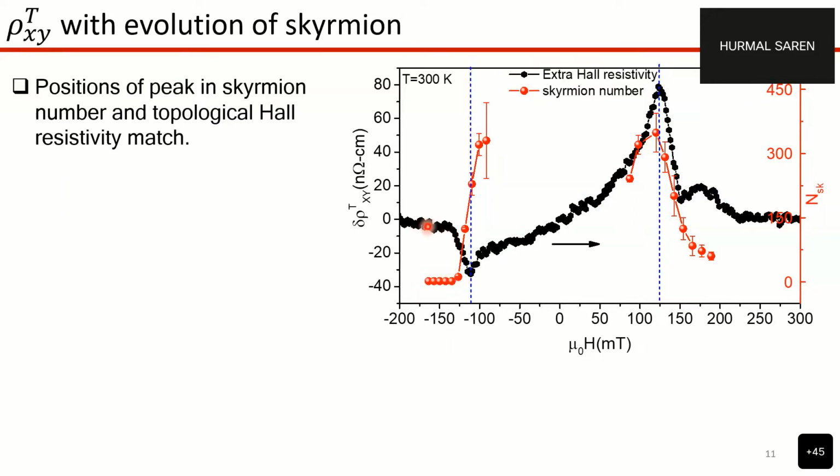You can see some flat extra Hall resistivity data. While the skyrmions are developing at around this field, you can also see this peak feature on the left side, and similarly on the right side, at around where the skyrmion density is maximum, we are getting a peak in the extra Hall resistivity or topological Hall resistivity. So we can kind of correlate these things.